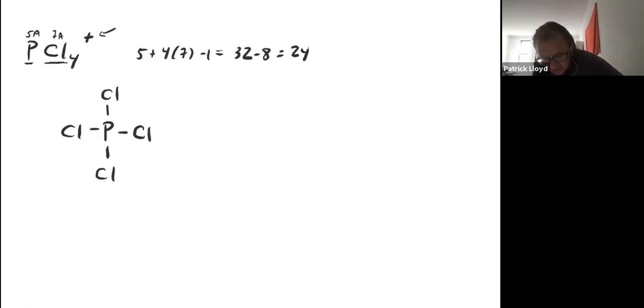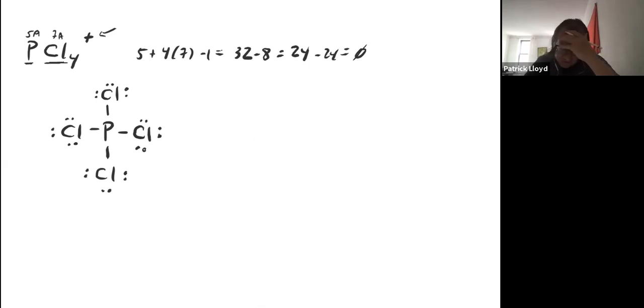Now, let's get the surrounding atoms, distribute the electrons around the surrounding atoms until you run out of electrons. If you still have electrons left over, put them on the central atom. That's 24. That's 0, right? So now you're down to 0 electrons.